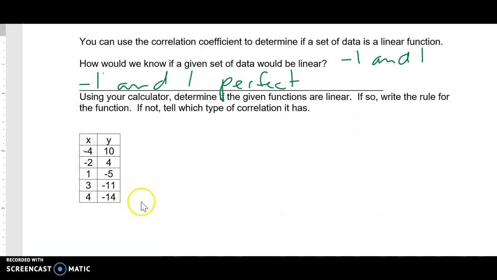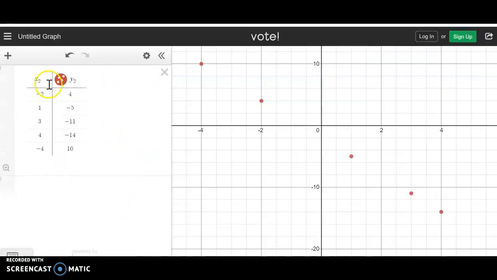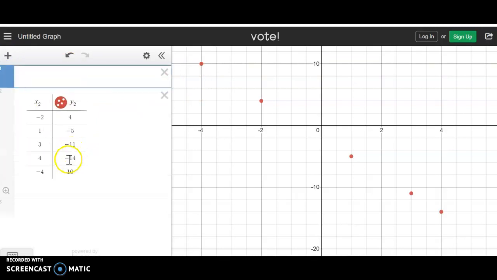I'm going to take this data, I'm going to put it into Desmos, and I have created the table in Desmos, and I am going to get the expression.